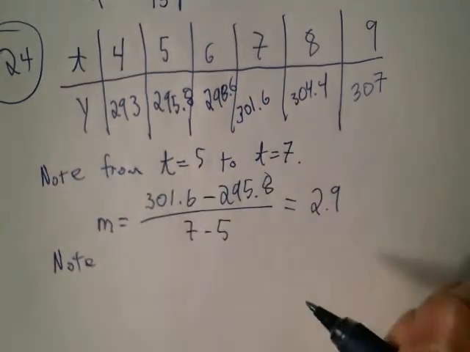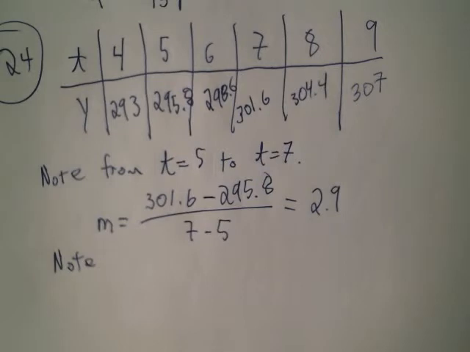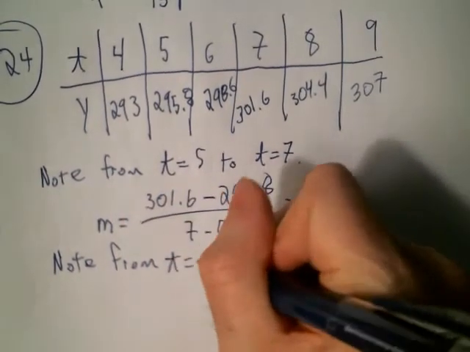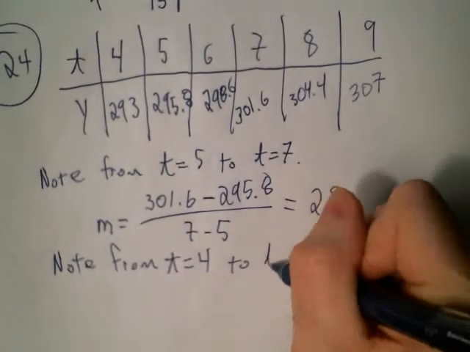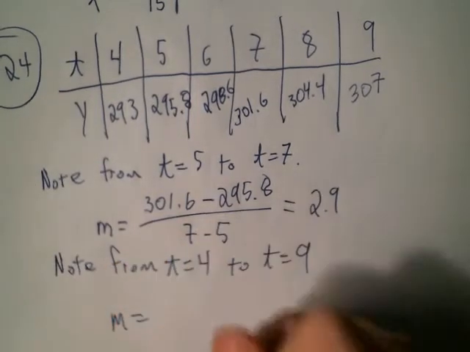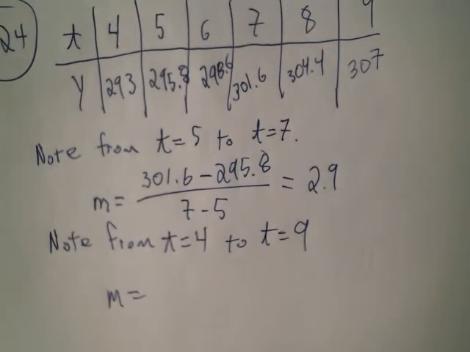The book was asking for the average rate of change from 2004 to 2009. So if this was an equation of a line, you would get 2.9 again. Let's see what we're getting here, though. I think it's probably different, right?